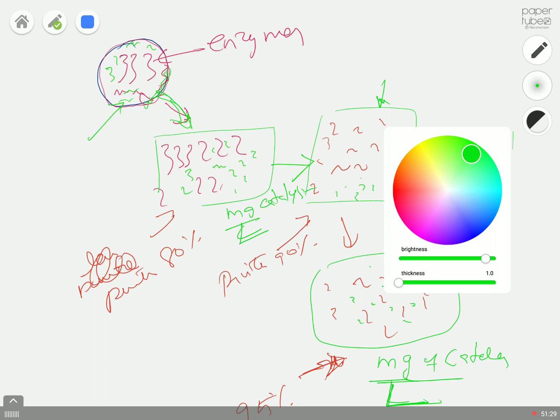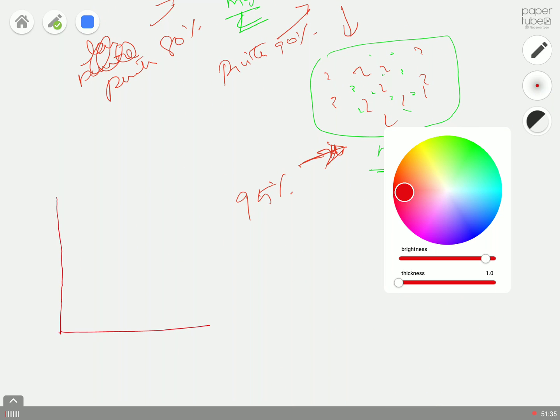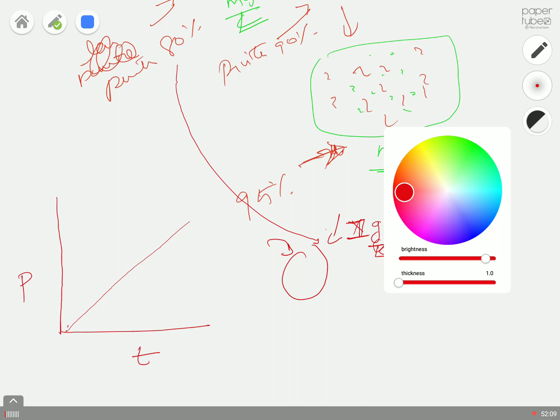And just imagine, let's change the color back. You do one experiment. Say you take your time and your product, you take your substrate, and this time you add 80% pure enzyme, say some X grams of your enzyme, say 1 gram of enzyme, or 1 gram per liter, and then you monitor how much your product is changing with respect to time.